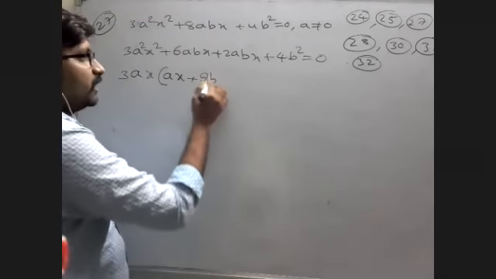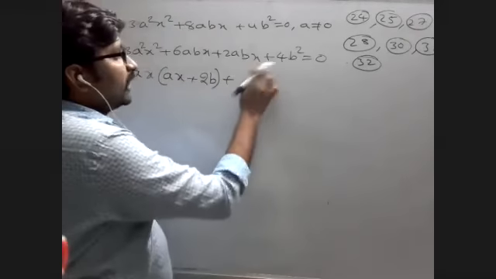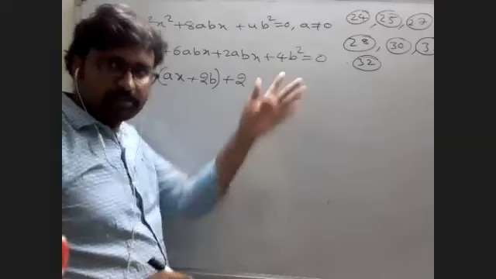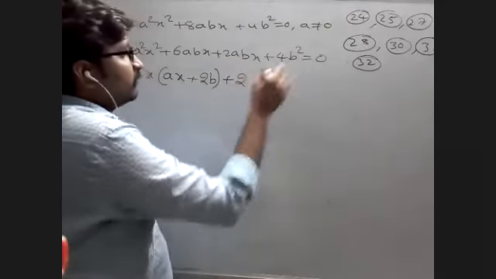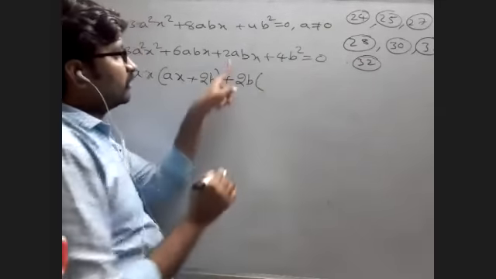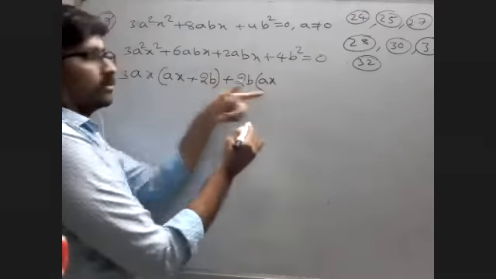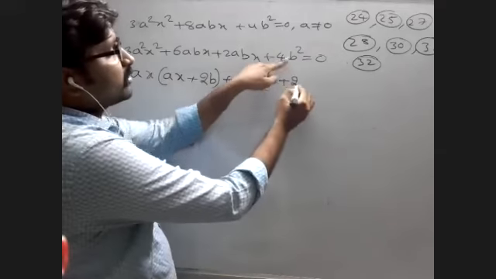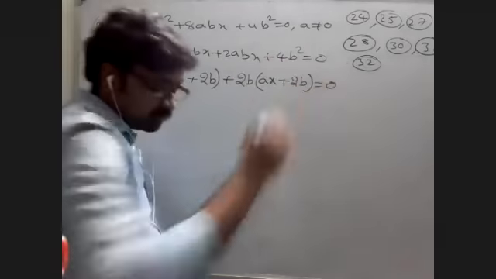Plus, already taken 3, now 3 2s are there, a common, x common, remaining b, completed. Plus from these two, x is not common, 2 2s, so 2 will be a common term, 2 multiple of 4, and a will not be common, why, because there is no a term, and b we can take common, taking 2b common, remaining a and x, you will get the same term, plus, and already 2 common, remaining more 2 is there, and 1b common, remaining 1b is there, is equal to 0.